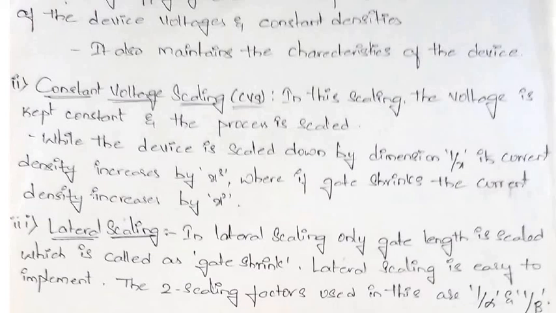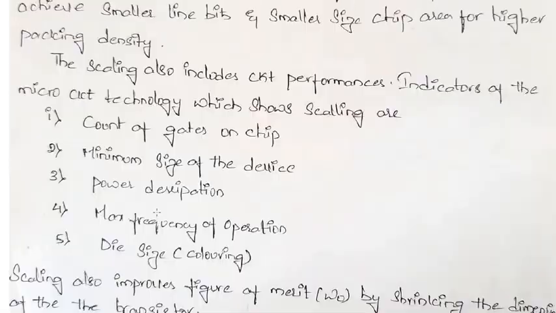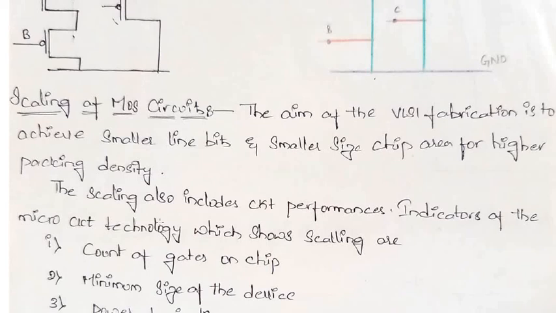So this scaling is used only where the gate length is scaled. Whenever you want to change the gate length, at that point we use lateral scaling. It is also easy to implement, and the two scaling factors used are 1/alpha and 1/beta. So these are the scalings of MOS transistors.